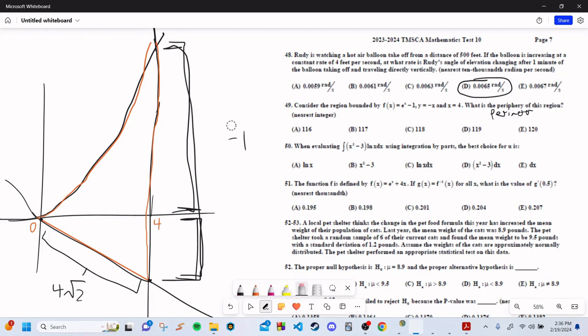So the whole length, in magenta, is going to be e to the 4th minus 1 plus 4.